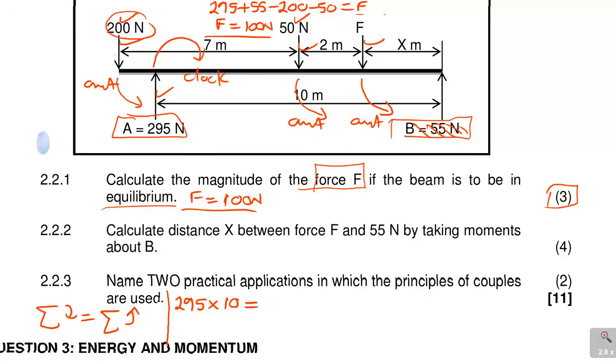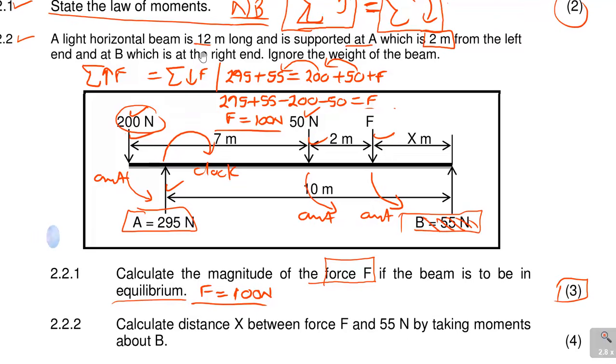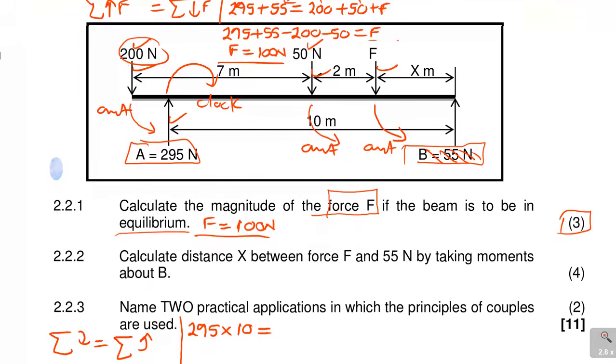What is the distance of the 200 from B? Let me read this beam. They say the beam is 12 meters long. You can see the 200 is at the far end, so that is 12 meters. So it's 200 times 12. That's the first one.